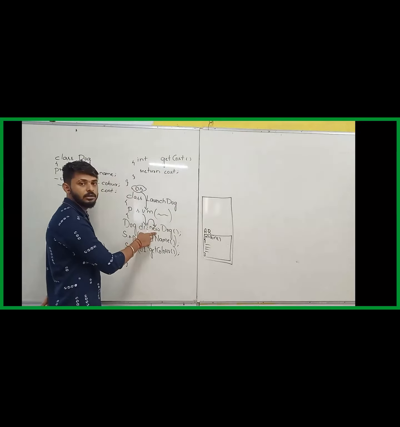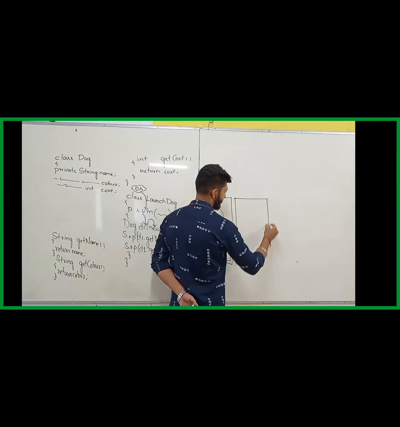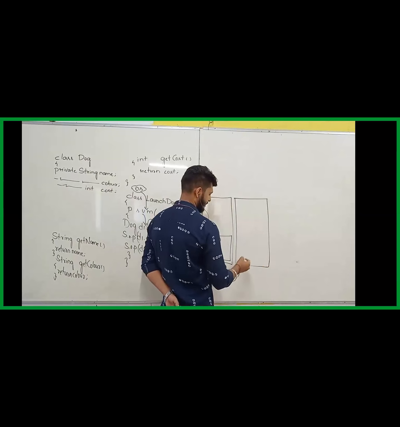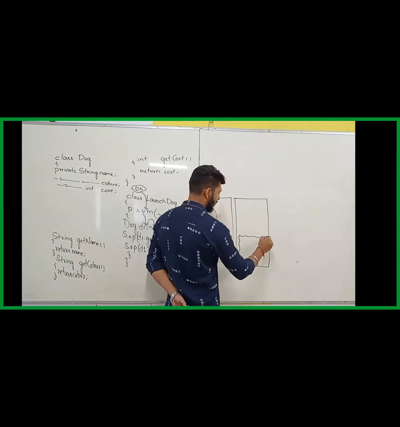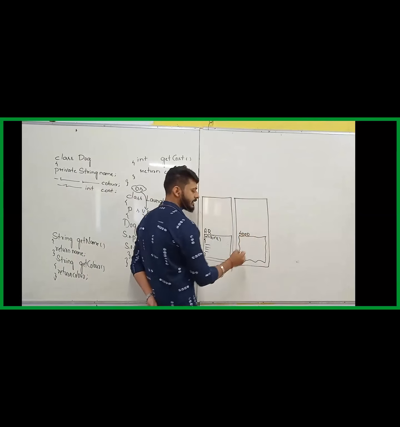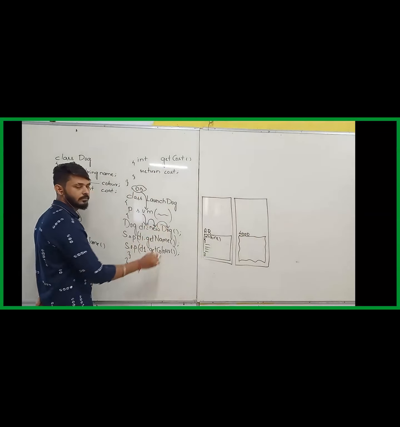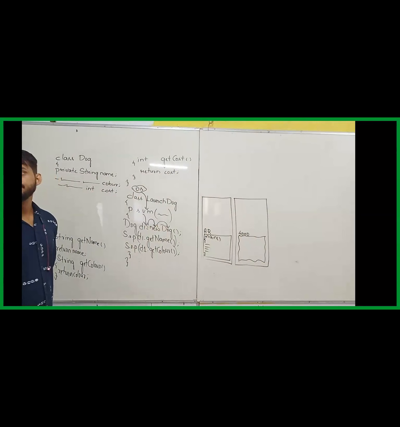Right side, new keyword. Because of new keyword, some block of memory will be allocated along with one address being assigned to it. Next, class name. It will check if class is available or not.